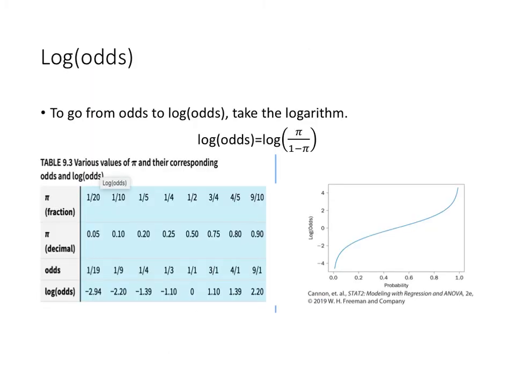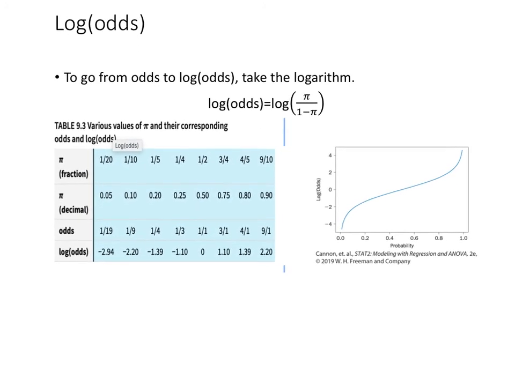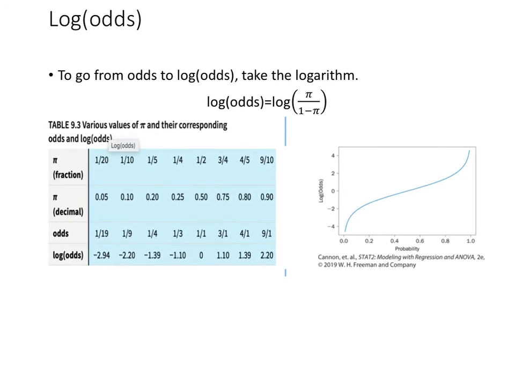Just a little bit more about log odds before we move on. Let me make sure everybody's clear. Again, log odds is this definition. Here's a table of potential probabilities of success: 1/20th, 1/10th, 1/5, these are all probabilities.